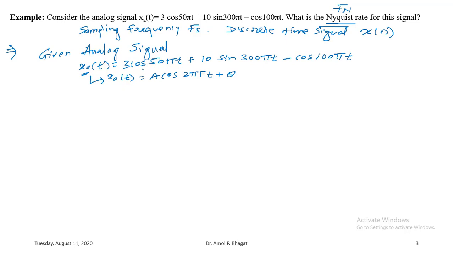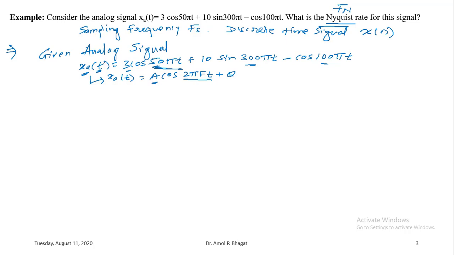Basically the given x of t comprises multiple frequency components, right? So in place of A, here 3 is there. In place of 2 pi f t, it is 50 pi t, that means 2f is equal to 50 here, that means f is equal to 25, right? Capital F is equal to 25. Theta is not specified here.